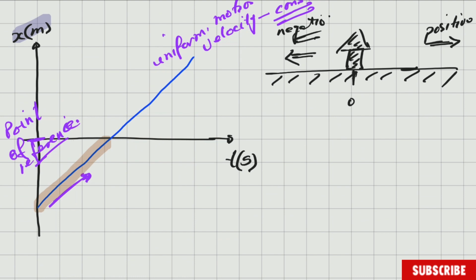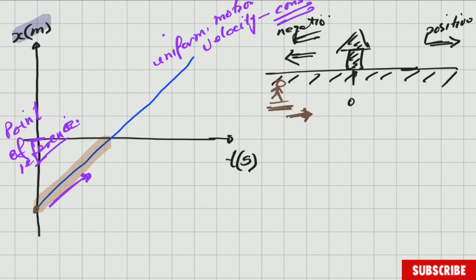What we see, this person or this object was first of all on the negative side. So that person was on the other side of the point of reference. In what direction is it moving? It is moving towards the point of reference, in that direction, and the vector is going to be pointing there.